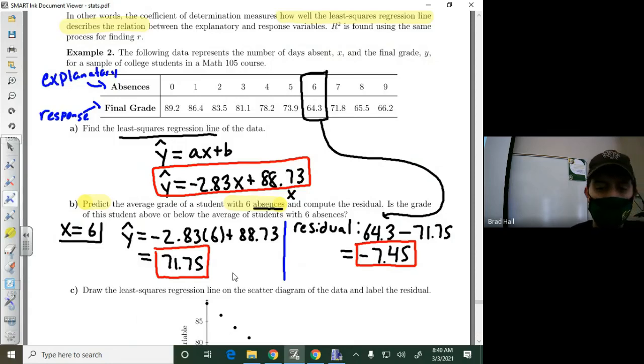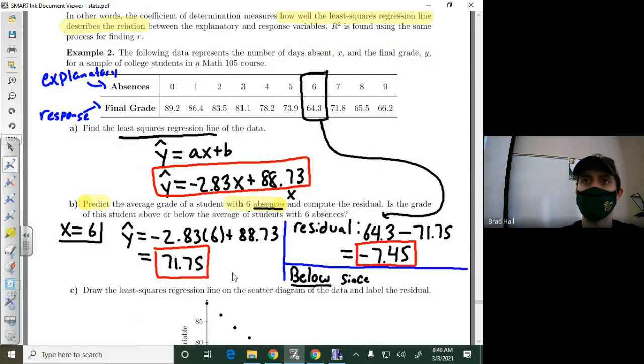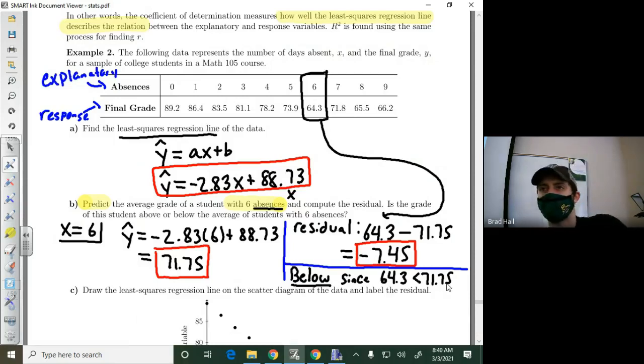So to answer the final part, this would be below, since the residual is negative, or similarly, since the 64.3 observed value is smaller than the 71.75 predicted value.